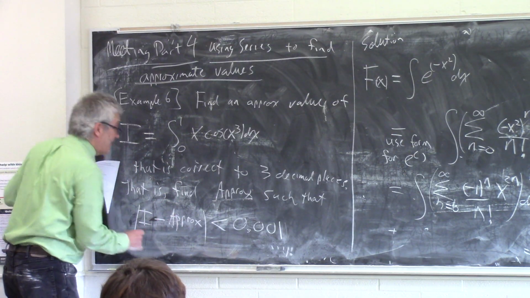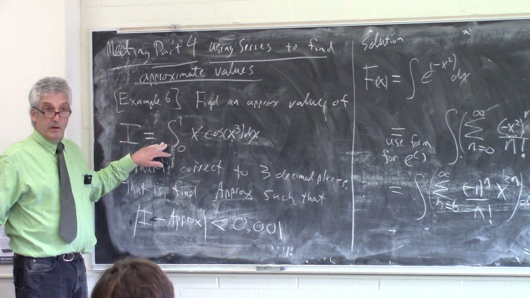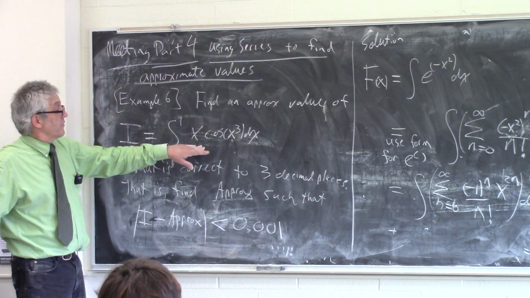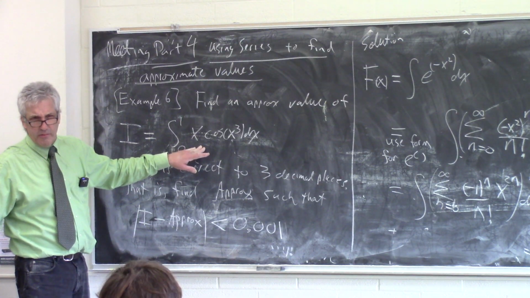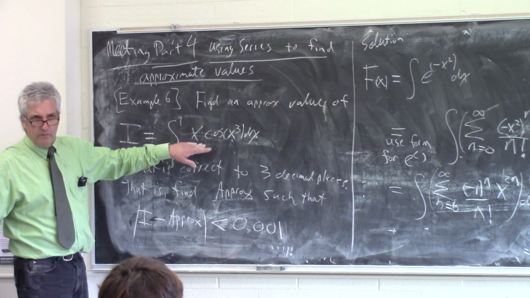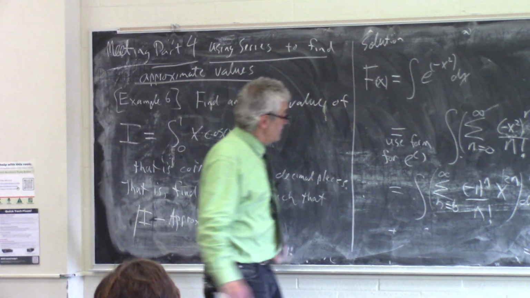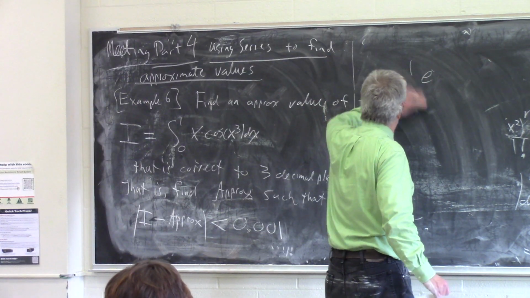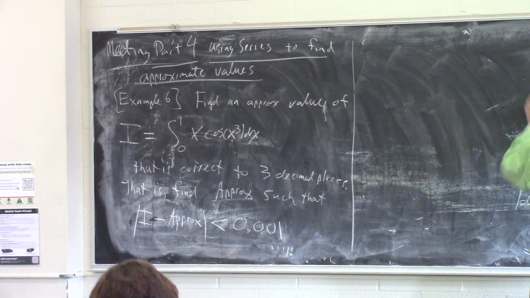Now, why do we need an approximation? Can't we just integrate this? Well, you can on helpmecheatonmycalculus.com, but this is not an integral that we know how to do. Well, maybe, do we know how to do this with integration by parts? I don't think so. So, we're sort of stuck here. I lied when I said I was going to pose the problem and then go over to the sideboard.